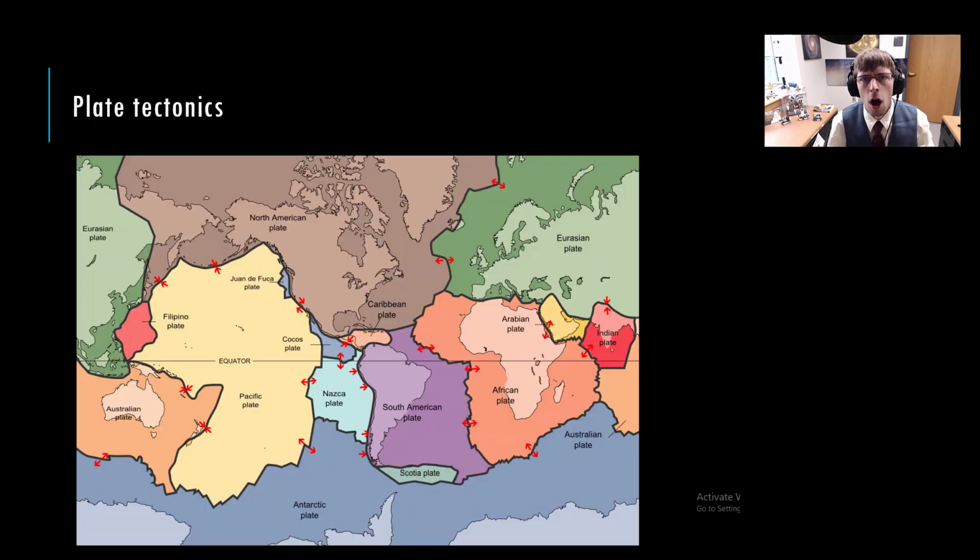Okay? This plate boundary represents a location where a lot of mantle can come up to the surface. It's a gap in the plates, if you will. And so you end up with a lot of volcanoes generally along the plate boundaries.